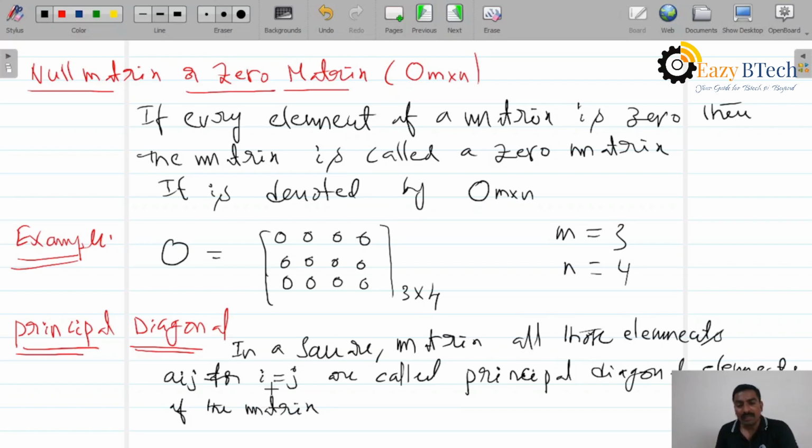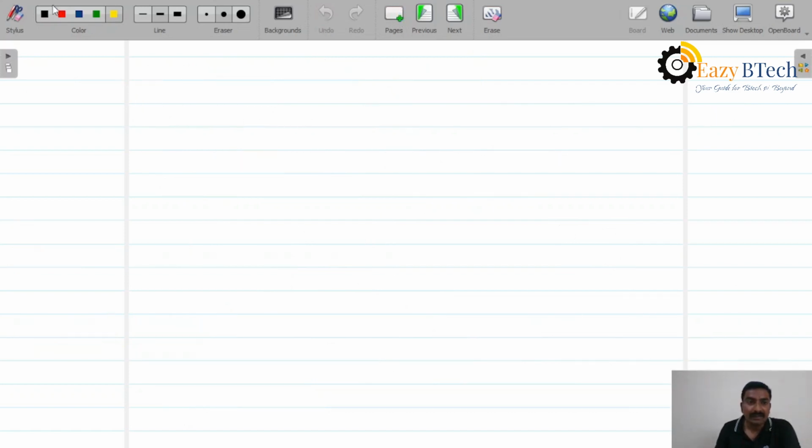That means first of all the matrix should be a square matrix. Keep this point, it is very, very important: what is aij for i equals j? i equals j means i and j both are the same. If you see the example, you can easily understand.